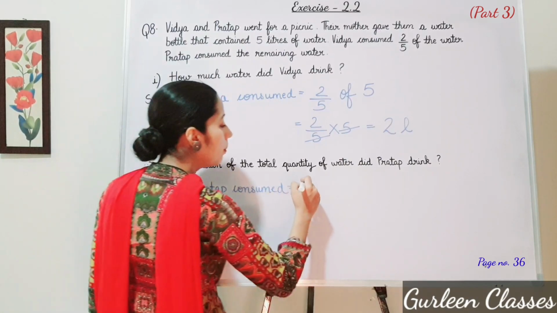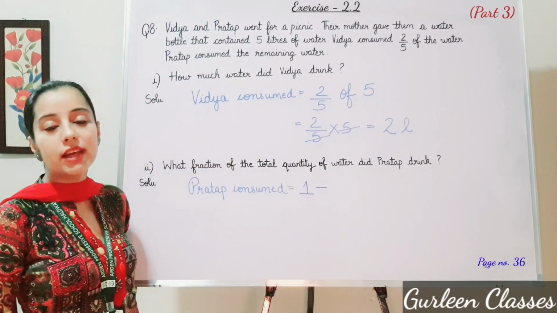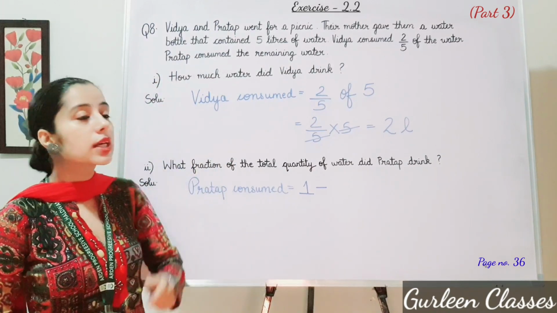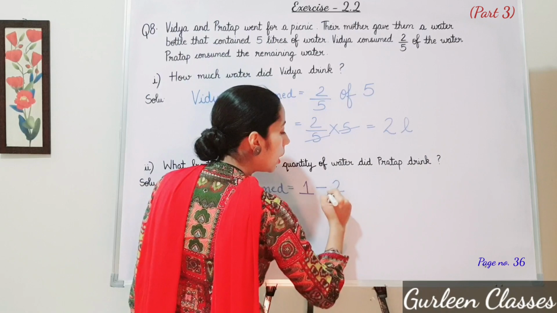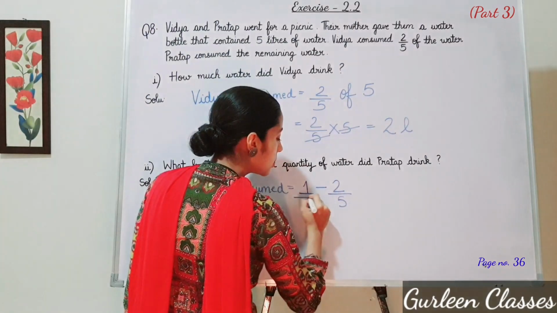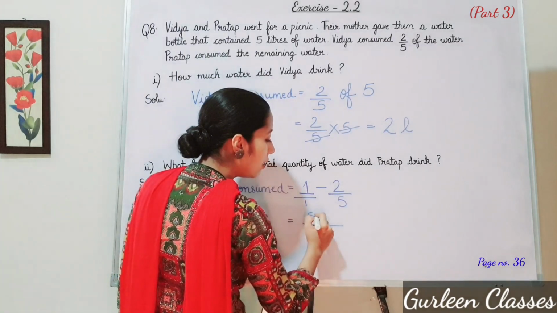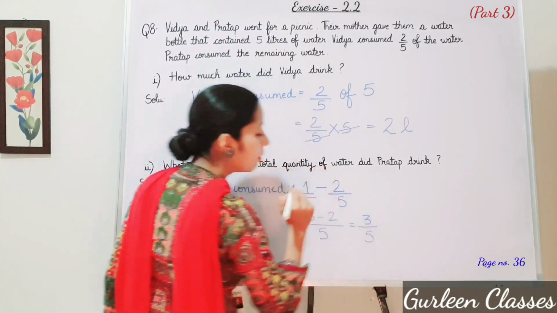So what we will do? We will subtract 2 upon 5 from 1. Why? Because 2 upon 5 of the water was consumed by Vidya. So 1 minus 2 upon 5. So just subtract, LCM is 5. So it will be 5 minus 2, that is 3 upon 5.